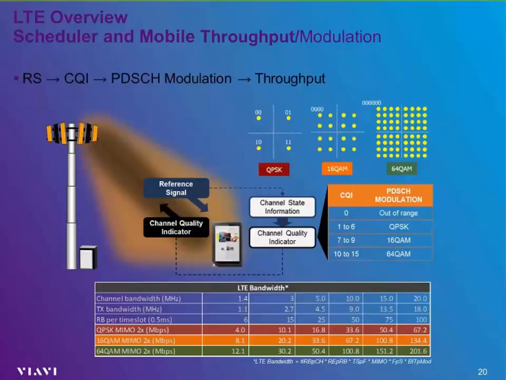If the CQI value comes back from 10 to 15, then it will otherwise try to use 64 QAM to get as much data content. Conditions are ideal. That's part of what this slide is always trying to convey. Only then will you otherwise be receiving other modulation formats.